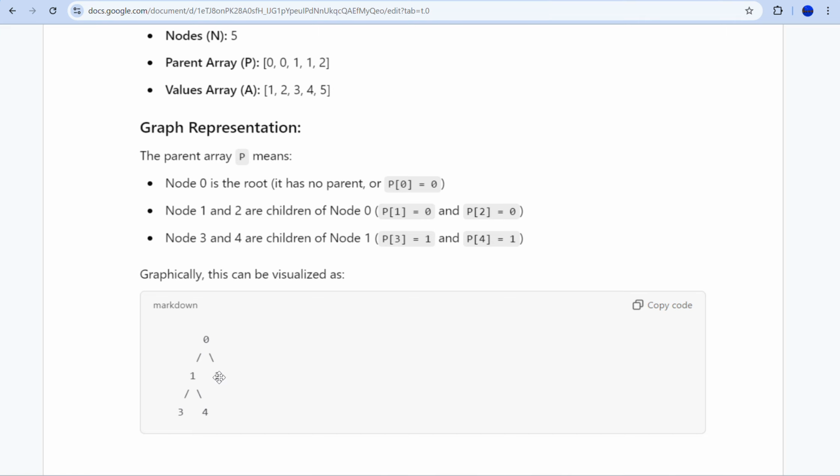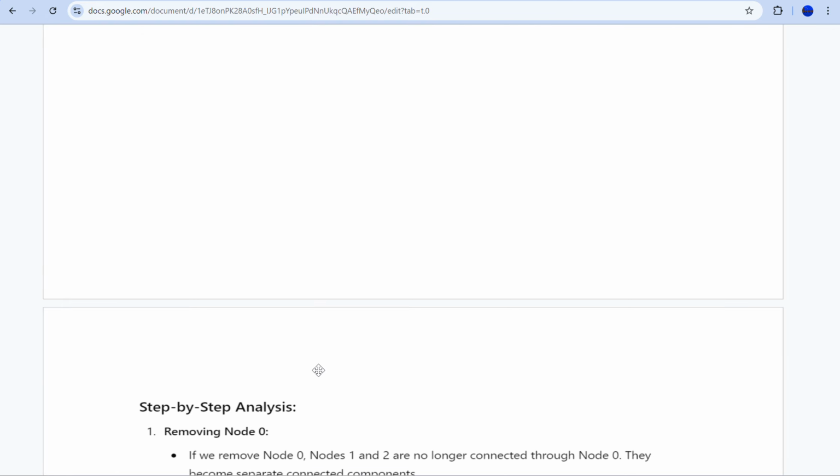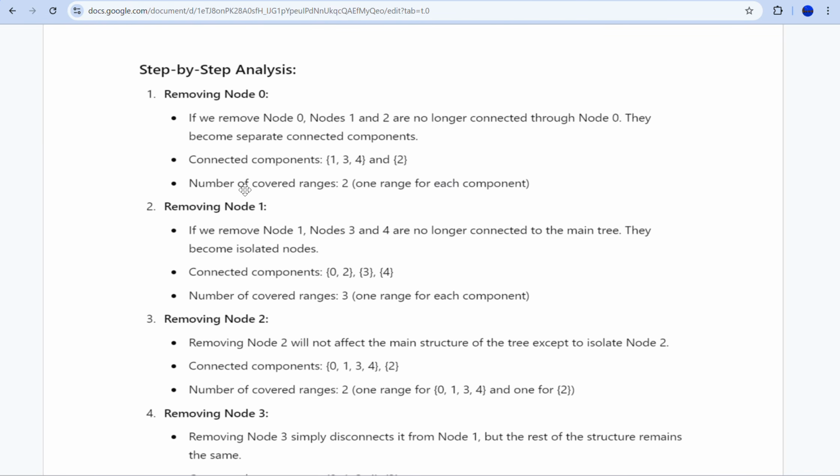If you remove 2, the number of components is this one. If you remove 3, if you remove 4, then you have to add up all the components together and return it. By removing node 0, you get the components 1 3 4 and 2, so the number of covered ranges is 2.